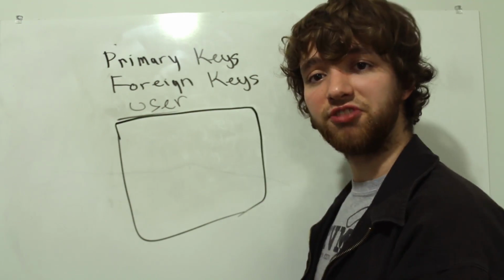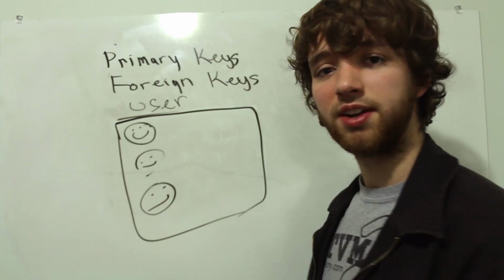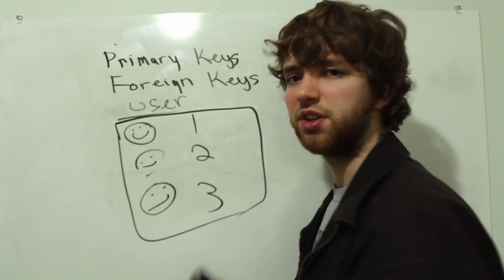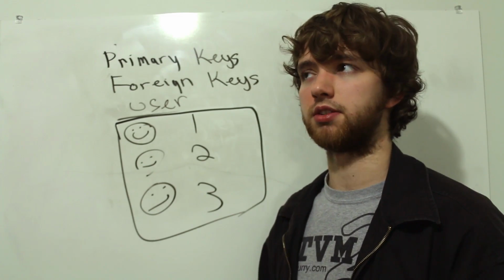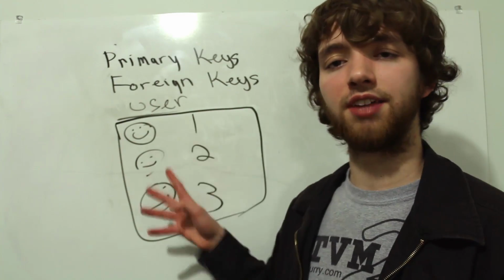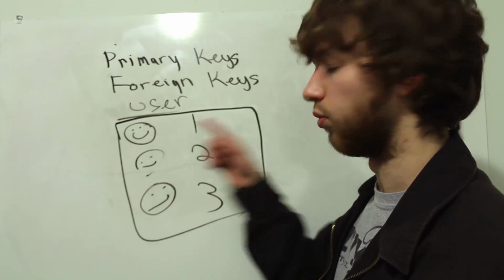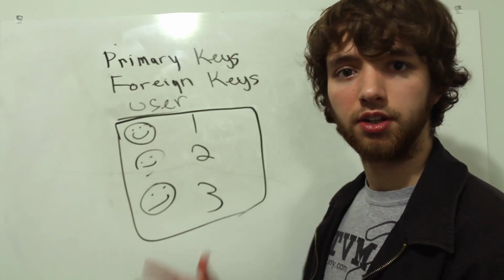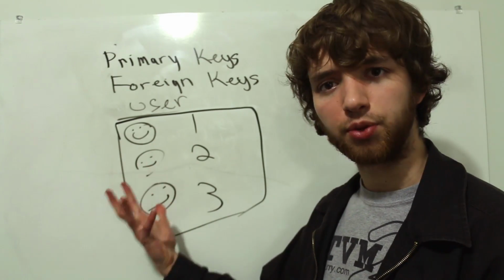One's Caleb with this ID and another one's Caleb with this ID. So let's just draw faces to represent people, and we're going to give each one of these people an ID. This face here, you wouldn't store that inside of a database. I mean, you could store a picture, but that's not what I'm trying to do. I'm just trying to give a visual representation of what each one of these rows refers to. It refers to this person. You know, it's like, how do you talk about the person?